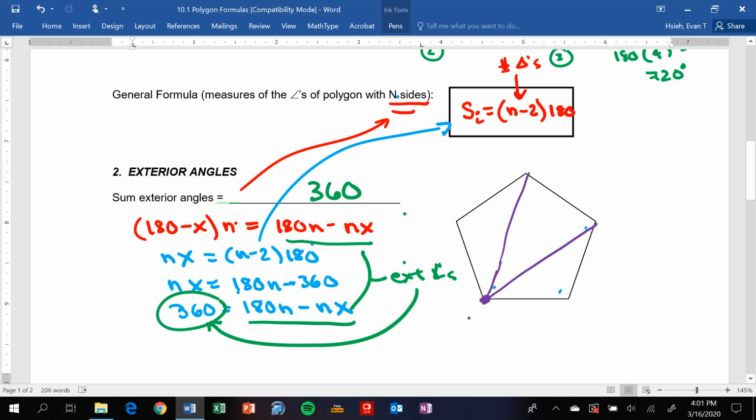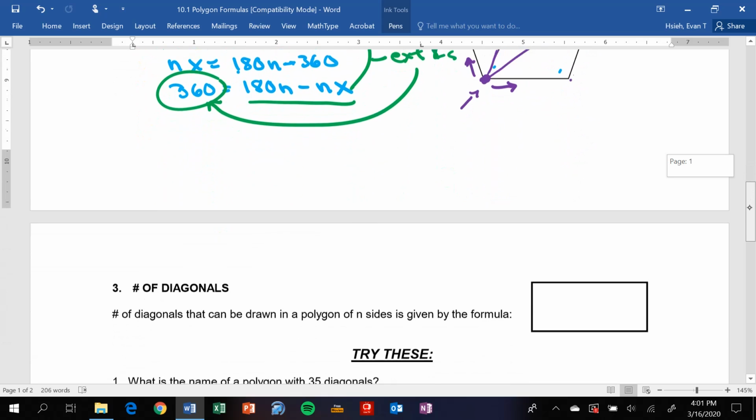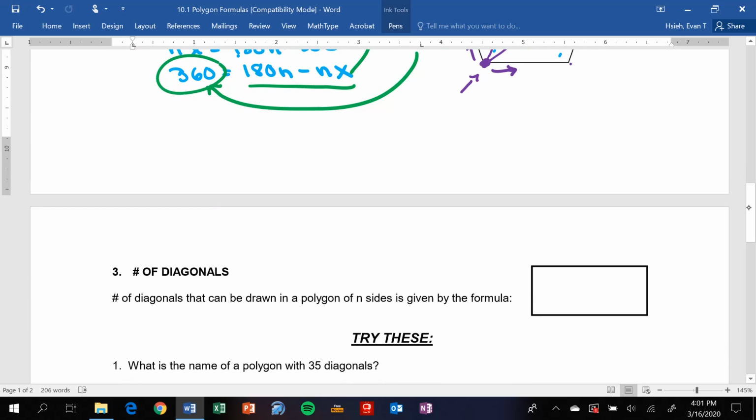I obviously cannot draw a diagonal to itself, nor a diagonal this way, nor a diagonal going this way. So there's 3 points always that I cannot draw a diagonal to.